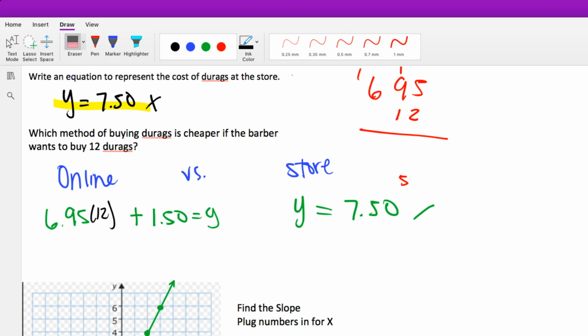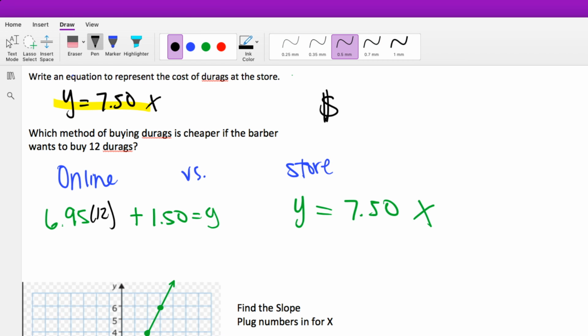Just made a simple mistake there, but we learned how to do this a couple years ago, so I'm not really worried about anybody not knowing how to multiply numbers. So we get that it costs 83.4 when we multiply the 6.95 times 12.